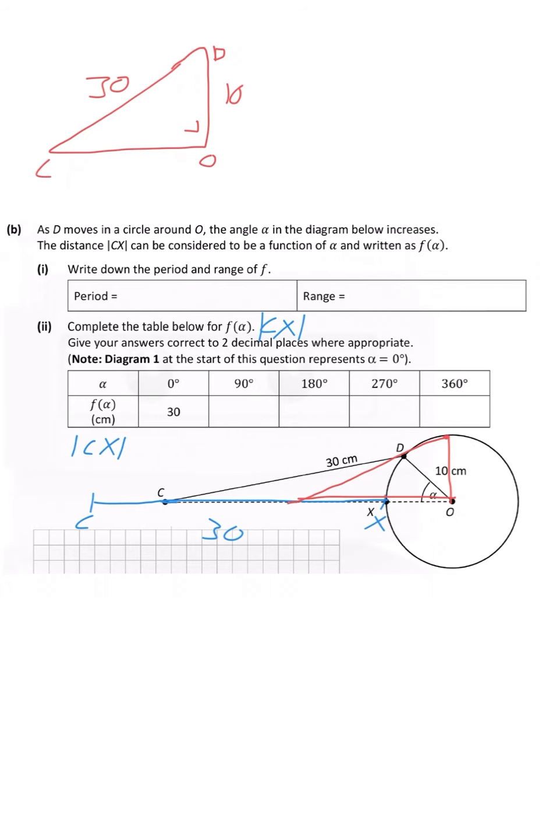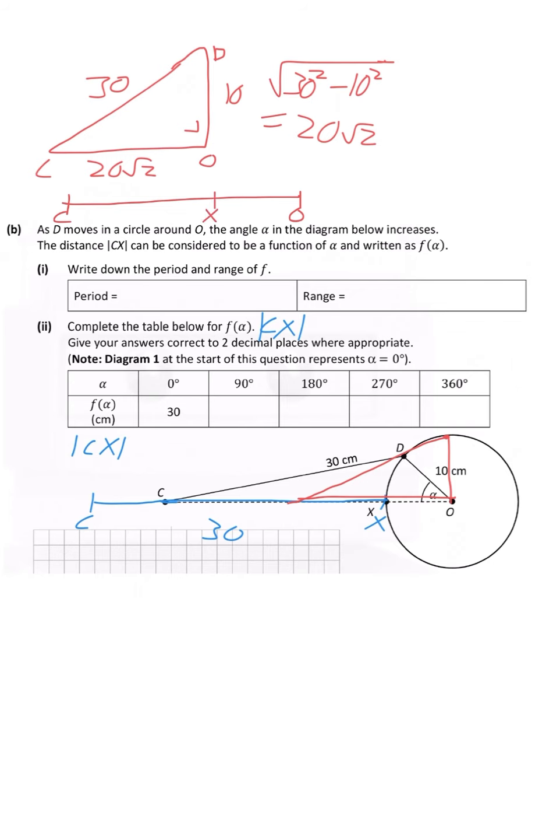So now I can find out what CO is and use Pythagoras. So I'm finding a shorter side, so it'll be the square root of 30 squared minus 10 squared, and that is equal to 20 root 2. Now, this is the distance from C to O, but I want the distance from C to X. And so if C is here, O is here, and it's X we want to find, the radius is 10.